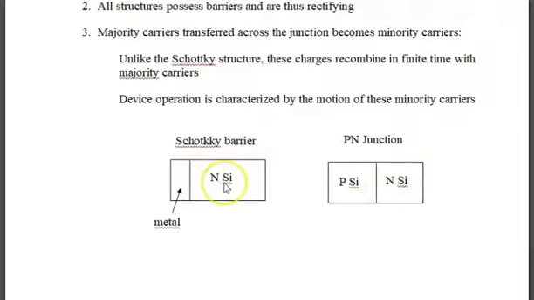So if you look at the Schottky N-type silicon barrier, electrons go from the silicon into the metal, in which they basically immediately move over to the contact, and then they go round and around. So the only current, the drift current, is in the N-type silicon.